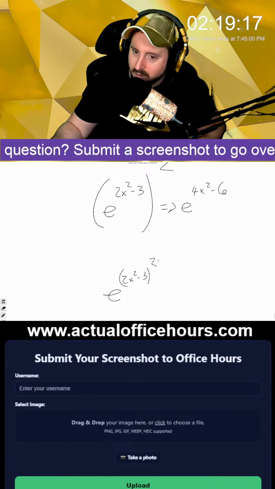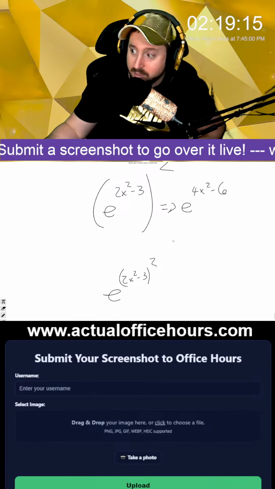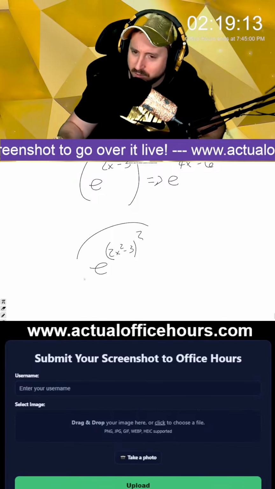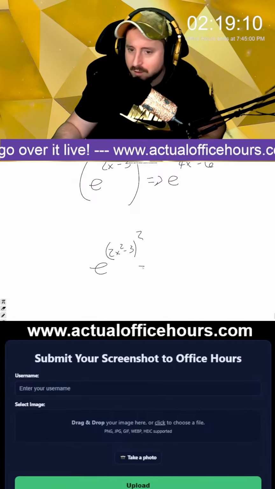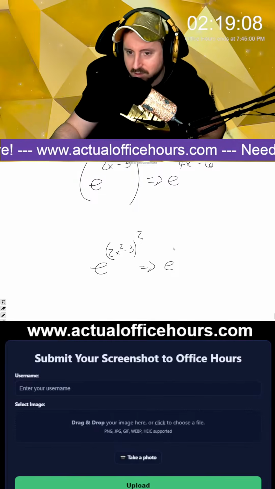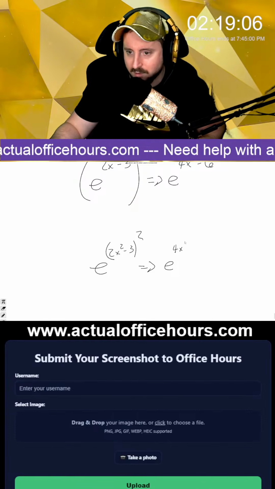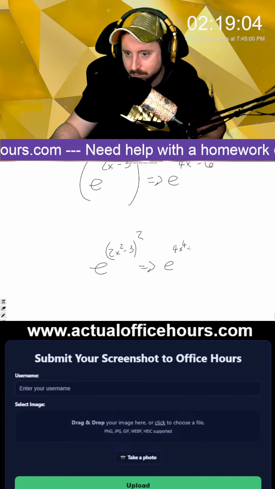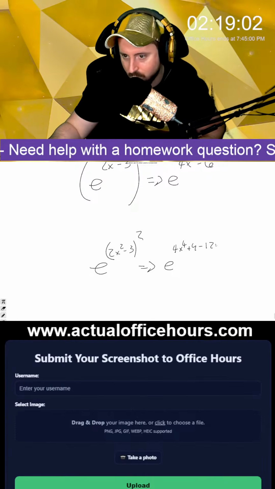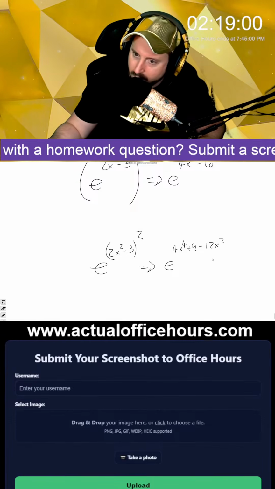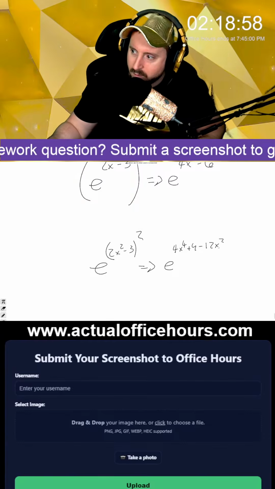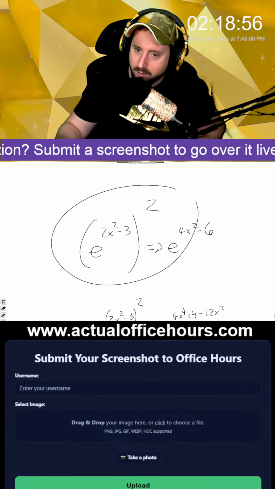Usually this is never written like this. You're right, this would be e to the 4x to the 4th plus 9 minus 12x squared, I think. Oh wait, I think the first one is where you multiply by 2, right?